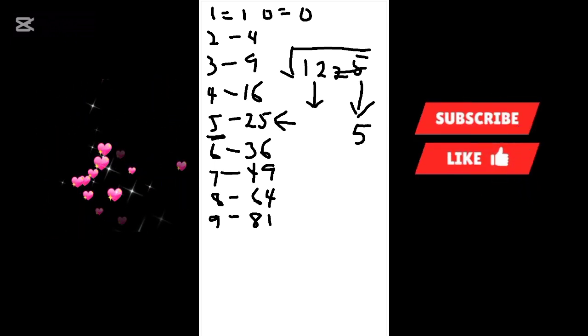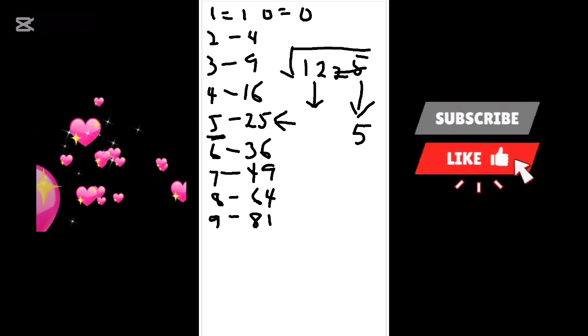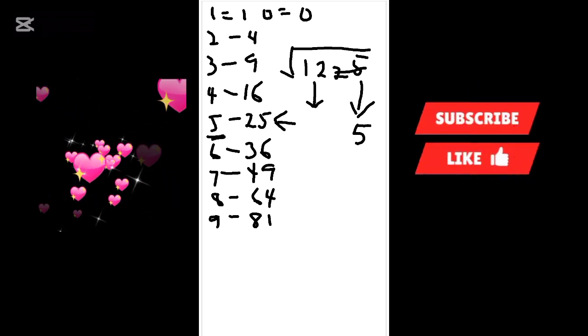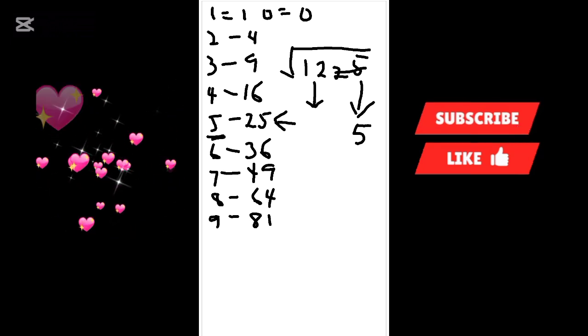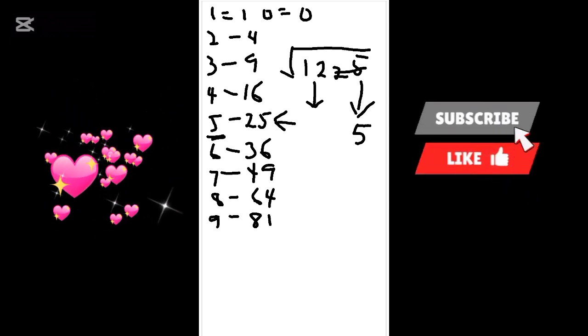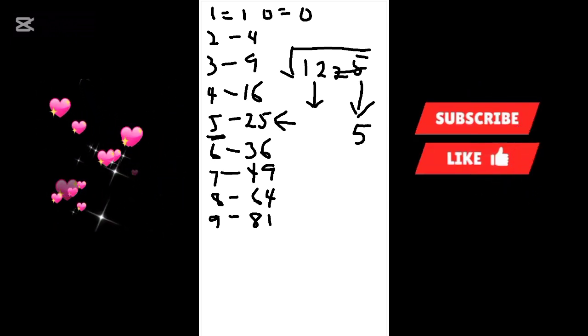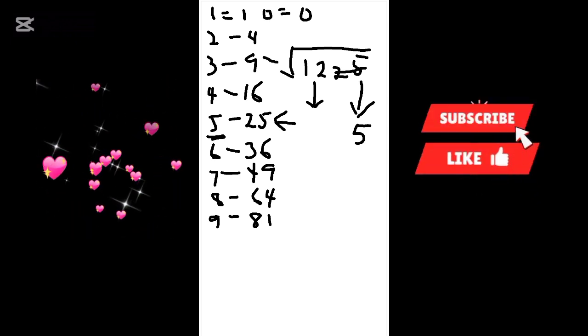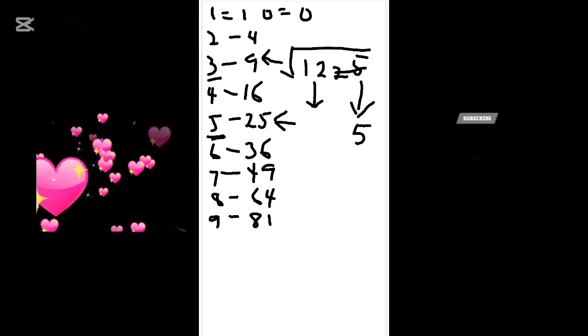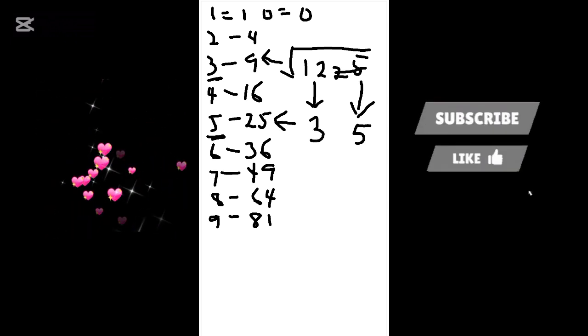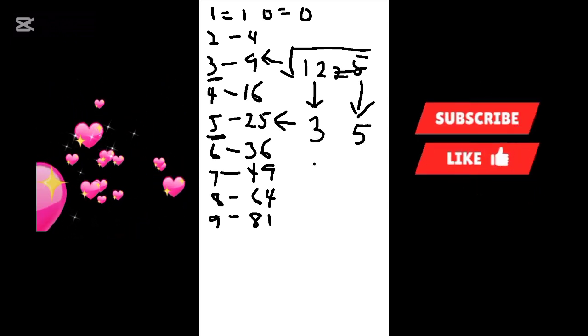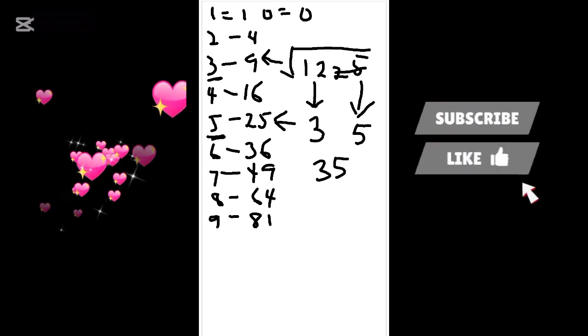Now we look at the answers we have here from our fundamentals, and we find the one which is lower than 12 or equal to 12. And that number is 9, which is 3. So we bring our 3 down, and our final answer is 35.